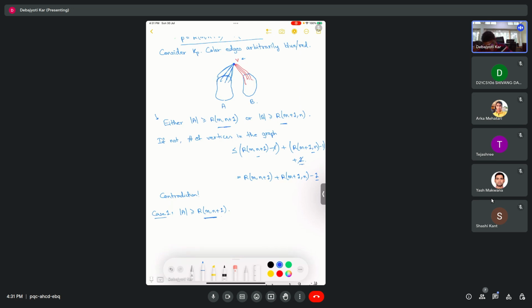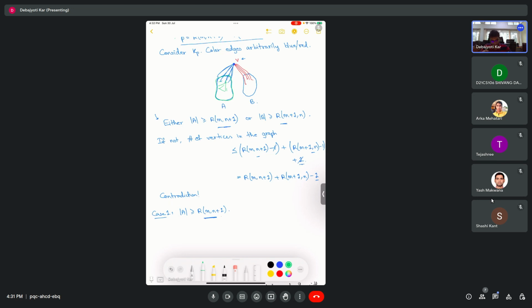The size of this set is at least R of m comma n plus 1, and the edges of this are arbitrarily colored with blue or red, which means that by definition either there will be a blue colored complete graph on m vertices, or there will be a red colored complete graph on n plus 1 vertices.